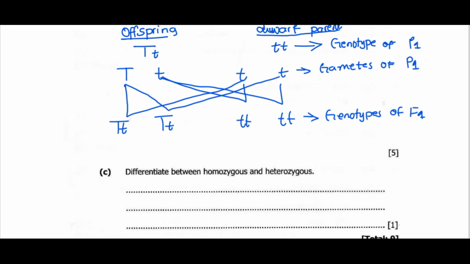Then differentiate between homozygous and heterozygous. So homozygous is the same as pure. A homozygous has the same alleles.